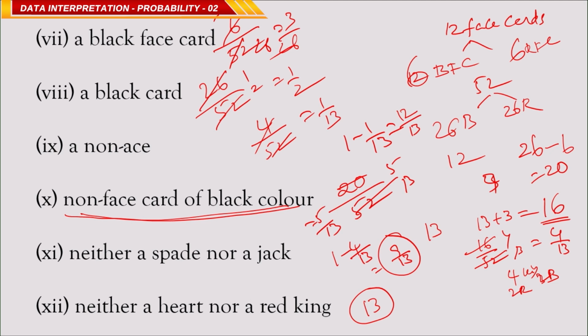Not a red king means 2 red kings are there, so we have 2 black kings, correct. So, you have to consider 13 plus 2, 15 by 52, correct.